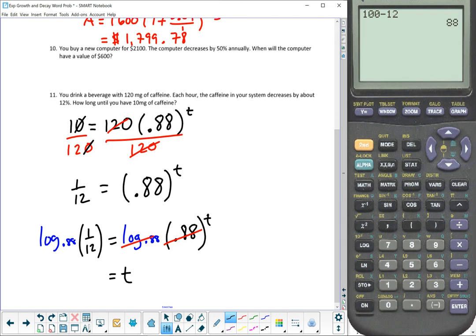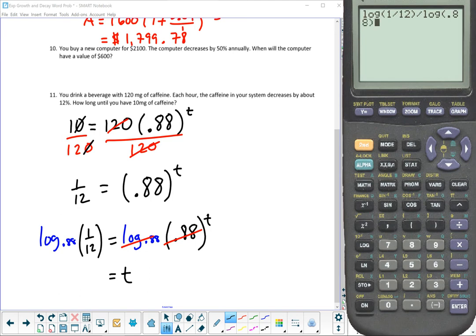On the left, again, we're going to use a change of base, and I'm not going to go through the process again, but I'm just going to go ahead and use log base 10, or log, and I'm going to go 1 over 12. So it's the argument first, the big font number on top, divided by log of the small subscript number, 0.88, on the bottom.